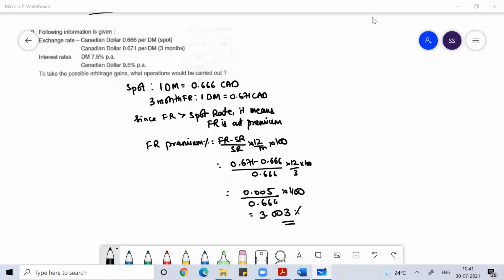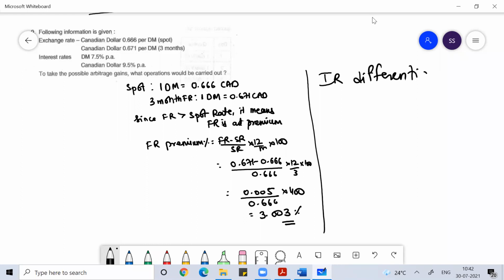Once you have found the forward rate premium percentage, you can also find the interest rate differential percentage.